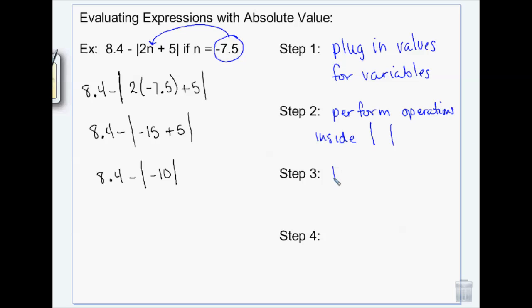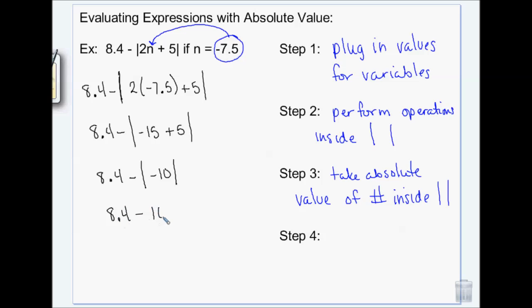And then we're going to take the absolute value. So I get 8.4 minus 10, and then the last step is to simplify. So 8.4 minus 10, that's negative 1.6.